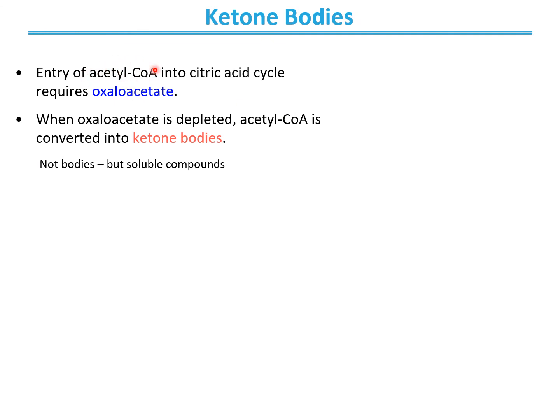Acetyl-CoA can have another fate under certain conditions. Acetyl-CoA enters the citric acid cycle due to the existence of oxaloacetate. Now, in some cases, oxaloacetate is depleted, and we'll go through some examples later. In this case, acetyl-CoA has another fate and is converted into ketone bodies.